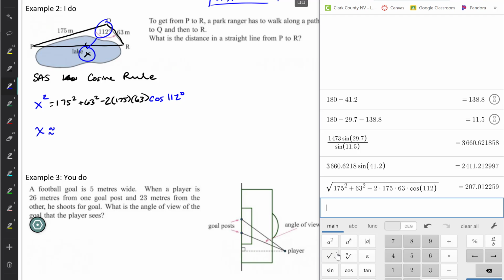And there we see very quickly, not too much work. X is going to be approximately 207.01, so about 207 meters if we are rounding that to 3 sig figs.